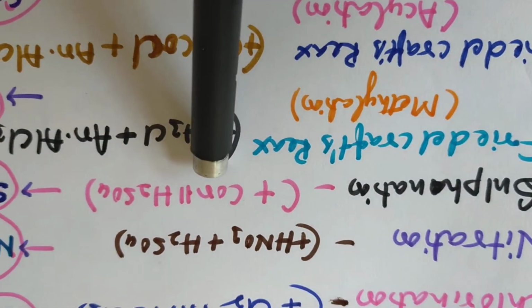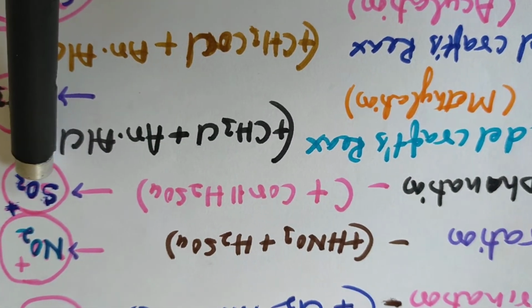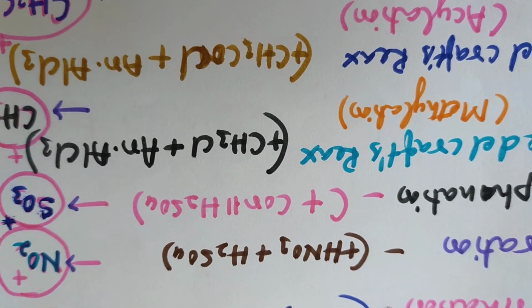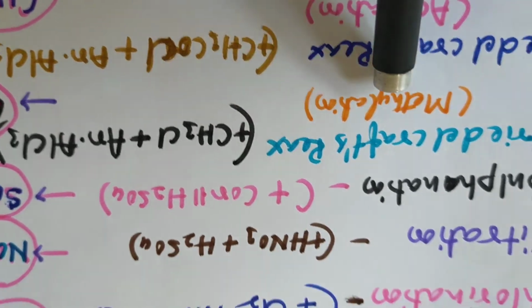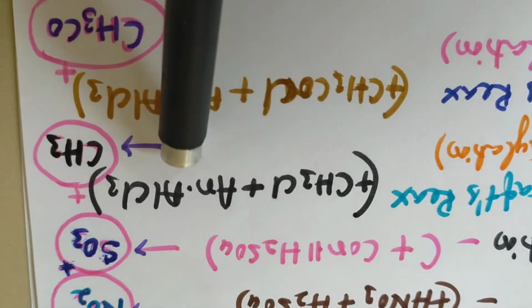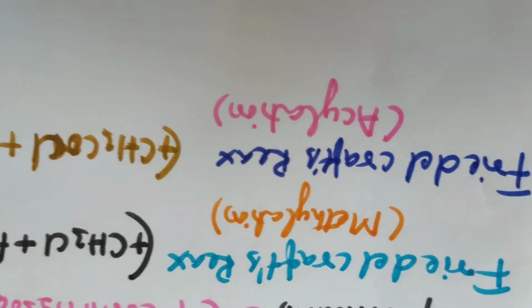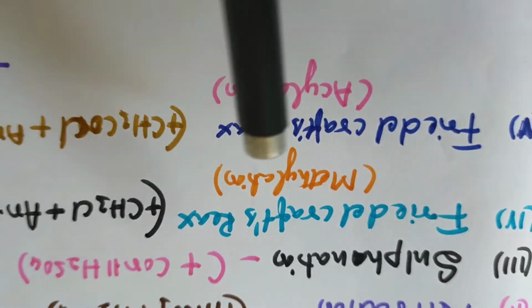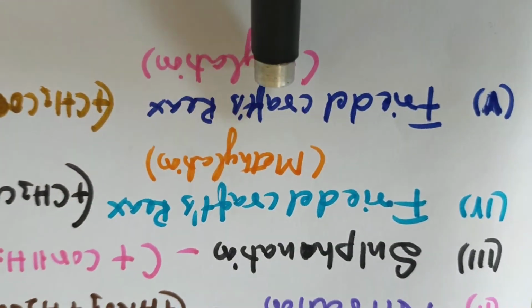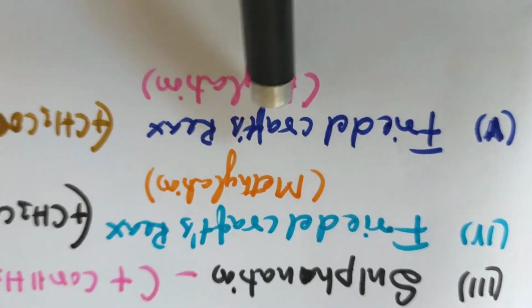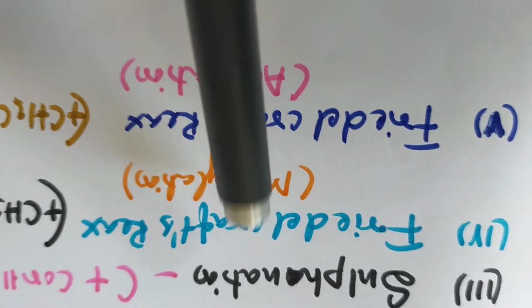Sulfonation uses concentrated sulfuric acid, with SO3 positive. Friedel-Crafts methylation uses methyl chloride and anhydrous aluminum chloride. Friedel-Crafts acylation uses acetyl chloride. Give importance to these two.